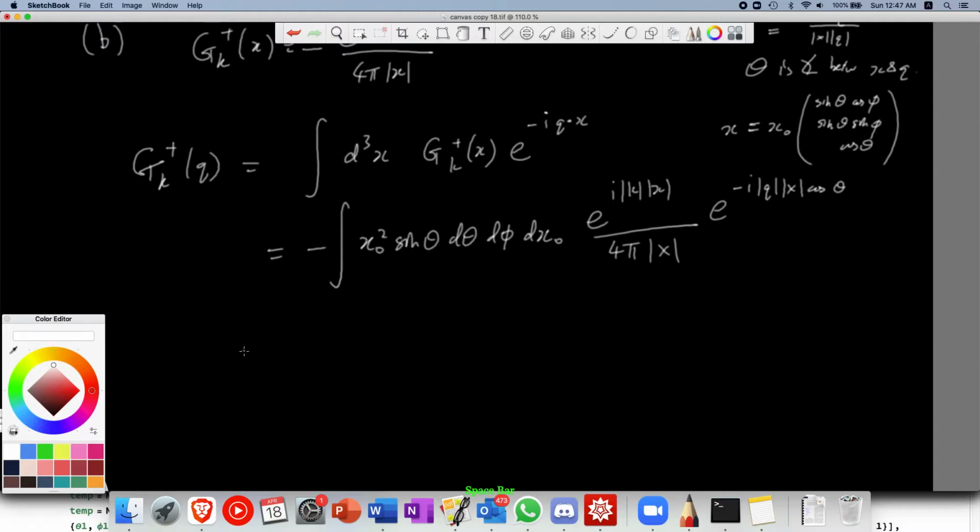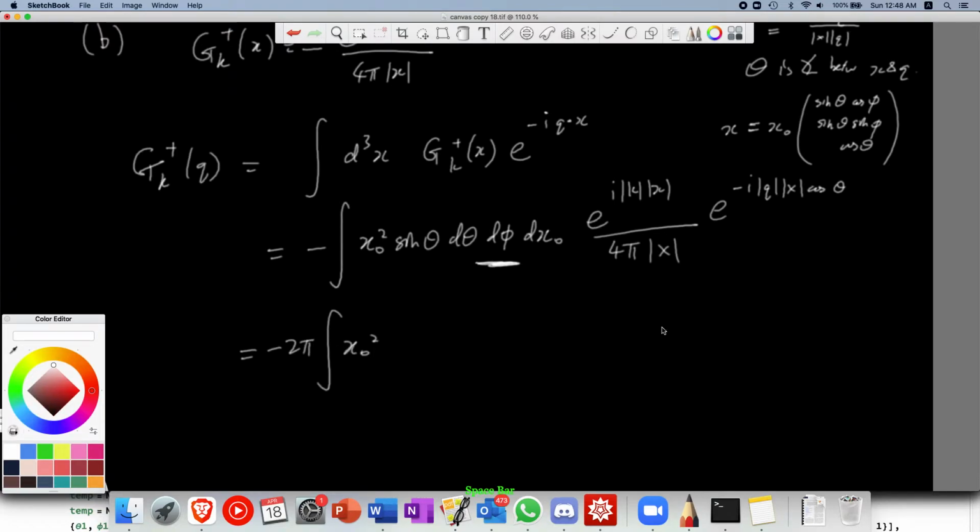So let's go ahead and evaluate this integral. So we have minus x naught. The first integral we shall evaluate is the d phi integral, so it will be 2 pi. Then the next integral we can evaluate is the theta integral.